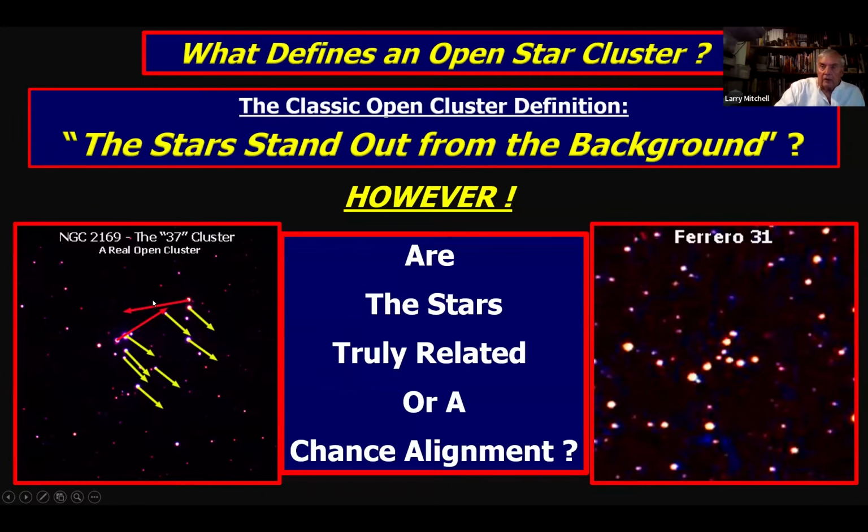There are two anomalous members here. They're going off in the wrong directions, but the main members of the 37 are all moving in relation to one another with similar proper motions. So yes, this is a true open star cluster, which is visible in most small amateur telescopes.